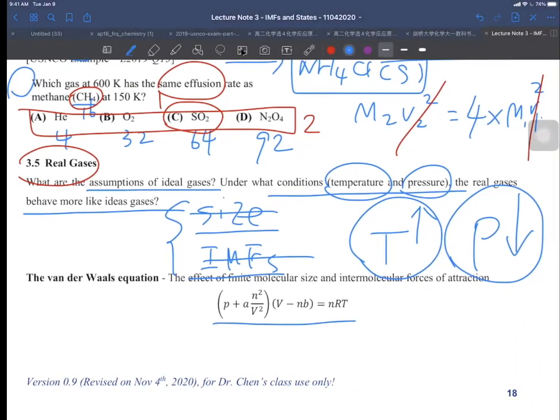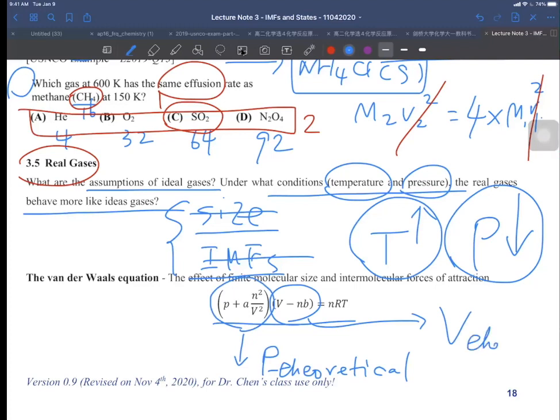What does it mean? So the contents in the parentheses is the theoretical pressure. The contents in the parentheses of the right side is the theoretical, or you can say the ideal. I would like to use the ideal because we are talking about real and ideal.